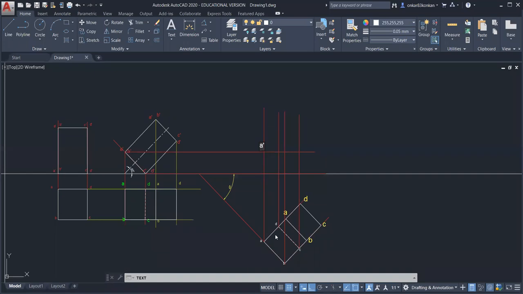The next point. So this is the B. Here you can observe the B point, that is the B dash point. Next, this is a projector from D, so this is the D dash point. Sorry, this is not a B dash point.